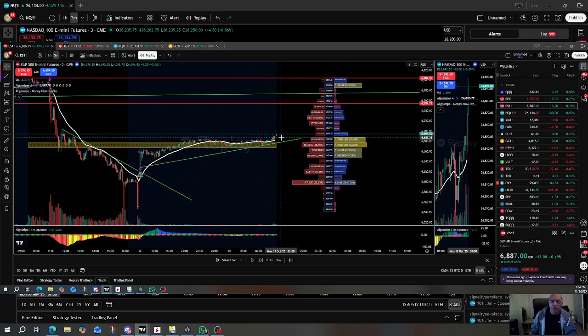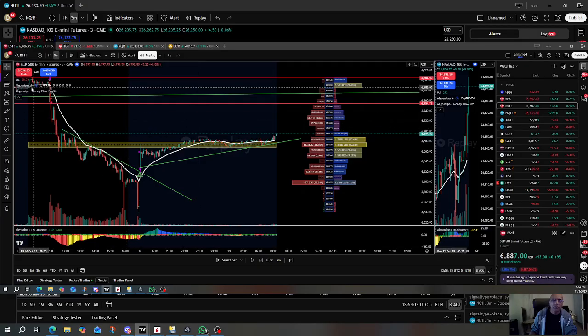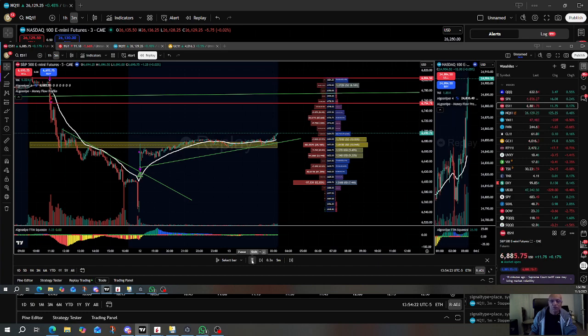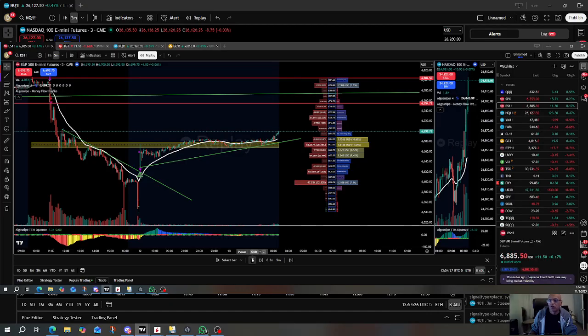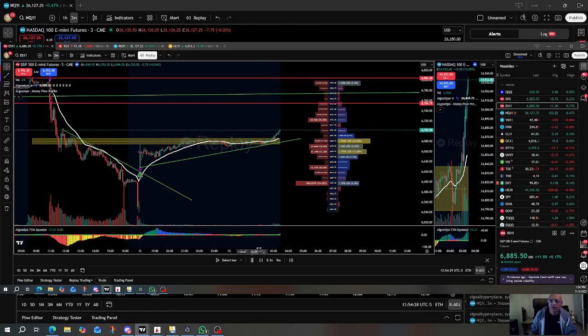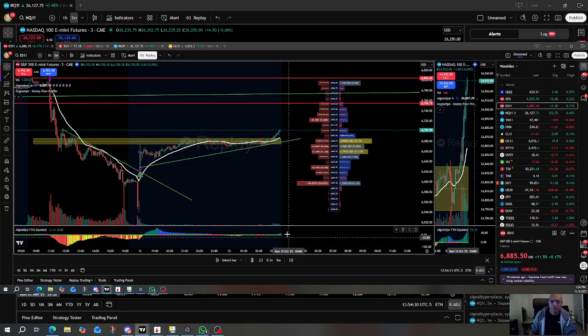The reason we are not looking for a long trade here is because the market trend is to the downside. Let's continue. If you don't get the setup, why get into a trade that you want to lose? You may lose money. You want a setup.